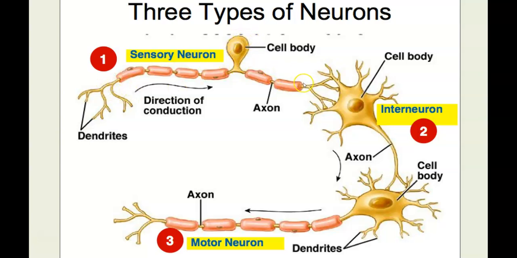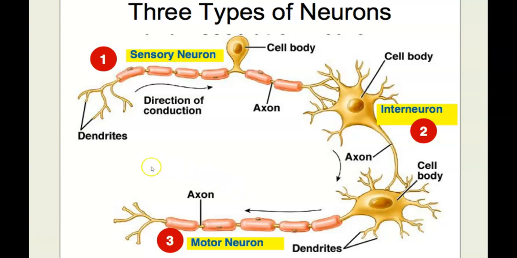This is part of the peripheral nervous system. It comes into your spinal cord or maybe your brain, and so we are now in central nervous system land here with this interneuron. And it is then passing on that information, and again, all that action potential stuff is happening, to this motor neuron that will then pass it on to a muscle.